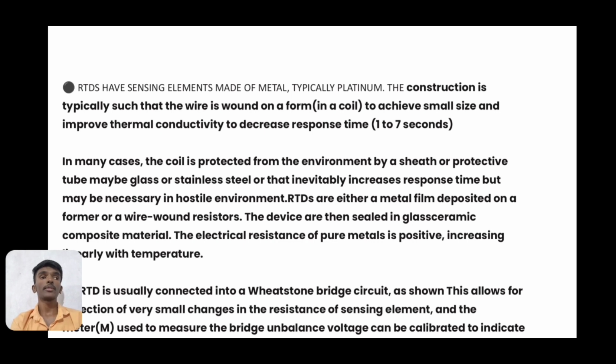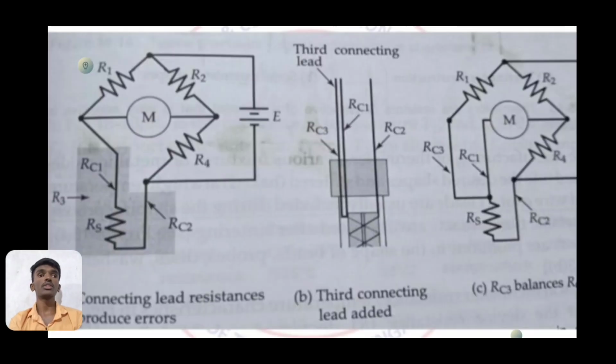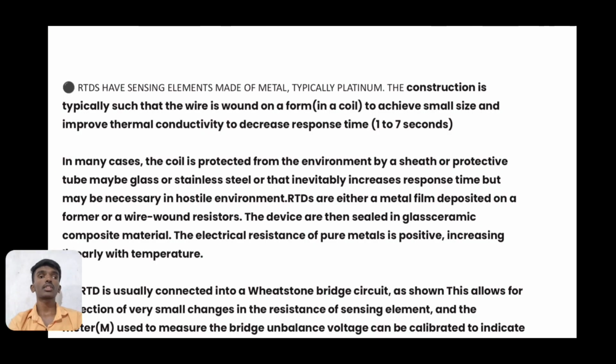It is a Wheatstone bridge connection. Very small changes in the resistance of the sensing element are detected, and the meter M is used to measure the bridge unbalanced voltage, which can be calibrated to identify the temperature.